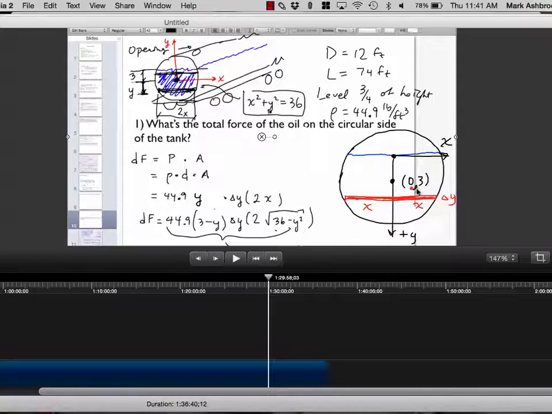So we need a circle with center (0, 3) and radius 6, since the diameter is 12. That's pretty easy. It's x minus 0 squared, plus y minus 3 squared equals 6 squared, or 36.